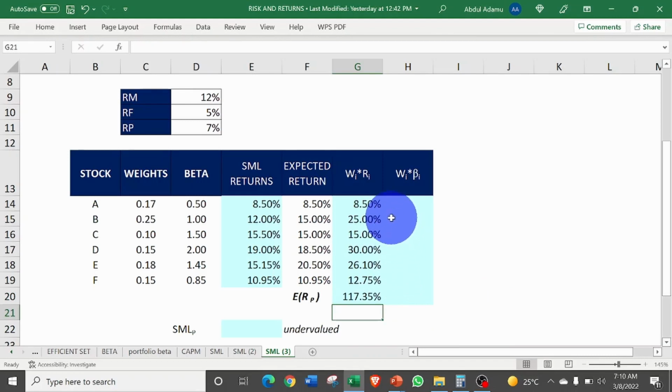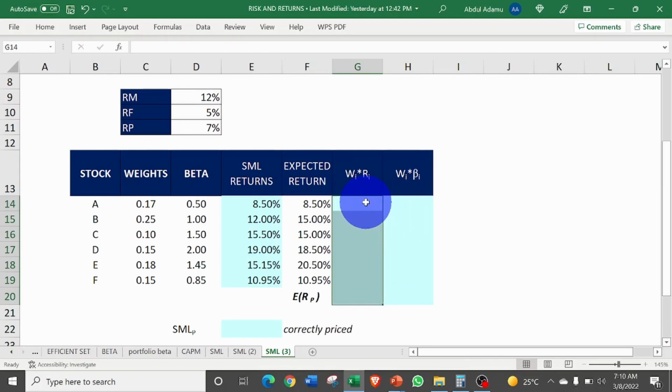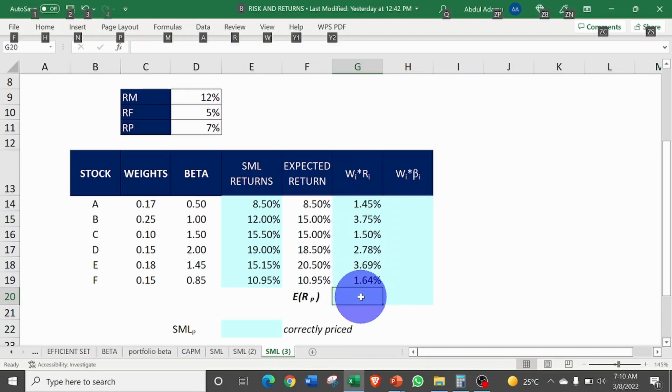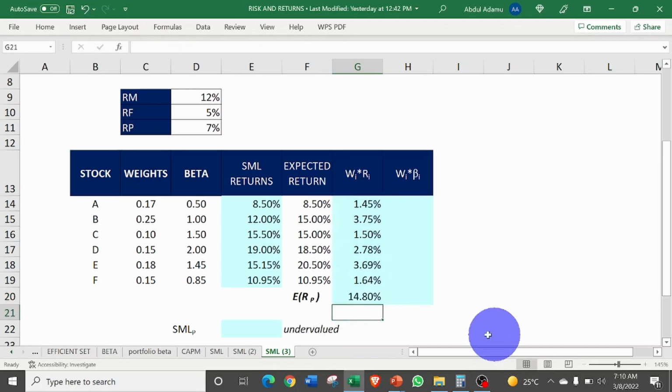Okay, there is a mistake, I will do it again, let me delete it. It is weight times the return, equals to weight multiplied by the return. This is the return, enter, so send it down, so that is the value, then we add it, sum, alt equal, enter. So this is our expected return of the portfolio.